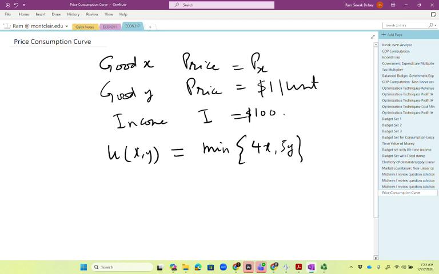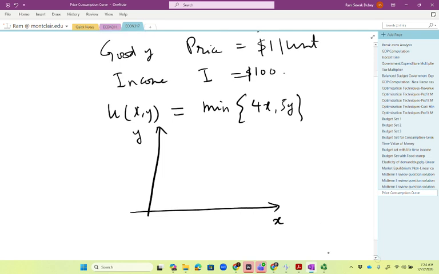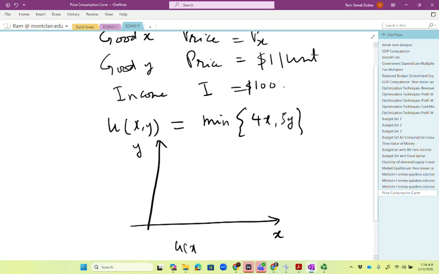Just to draw an example of an indifference curve for this utility function, I will assume x on the horizontal axis, y on the vertical axis.